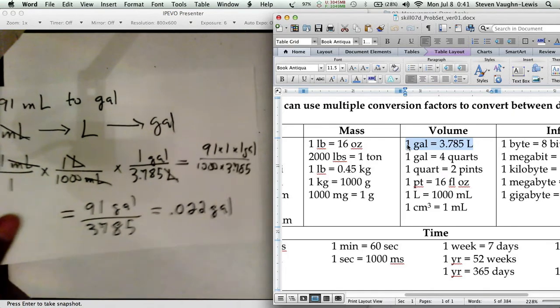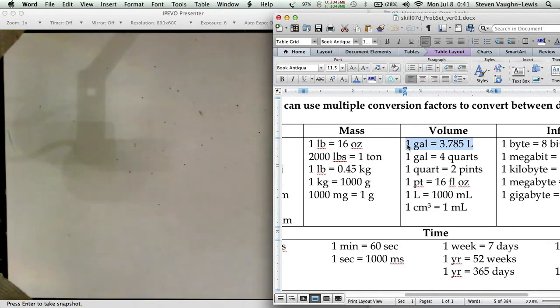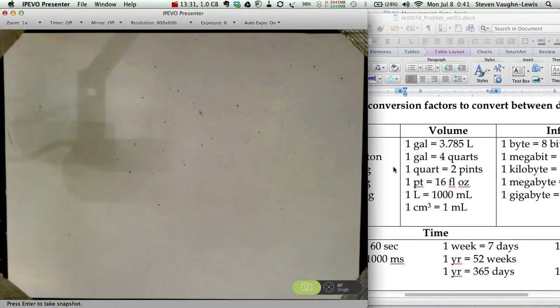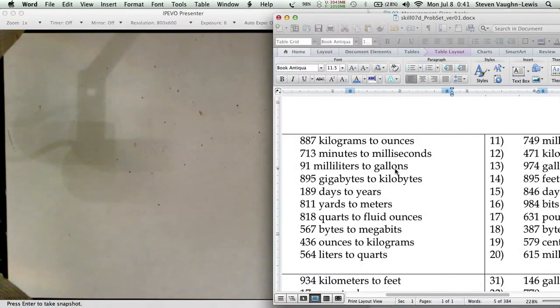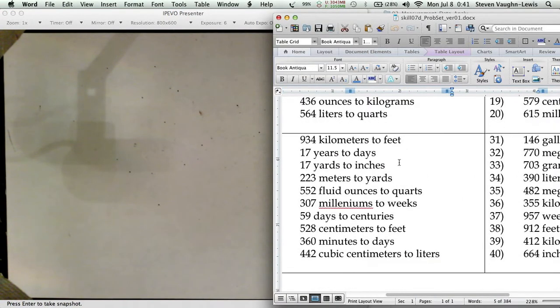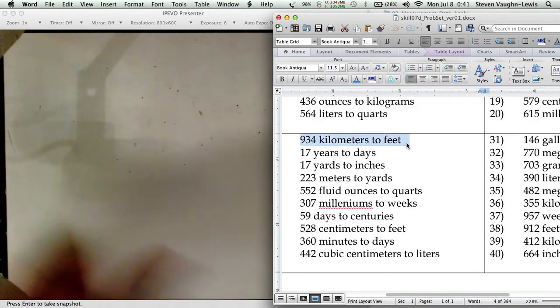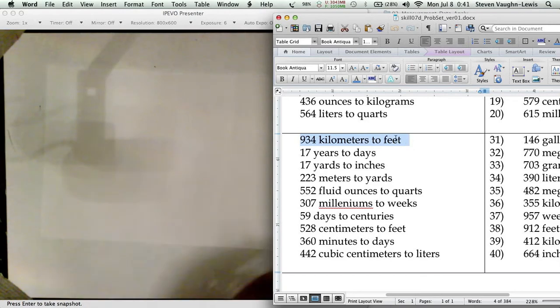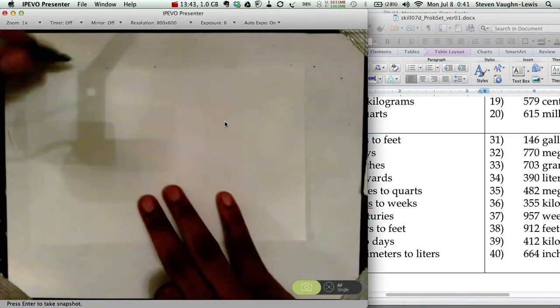Let's try one more example. Let's go from kilometers to feet. Okay, 934 kilometers to feet.